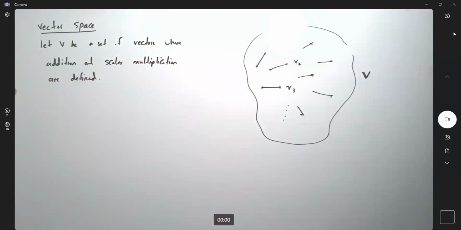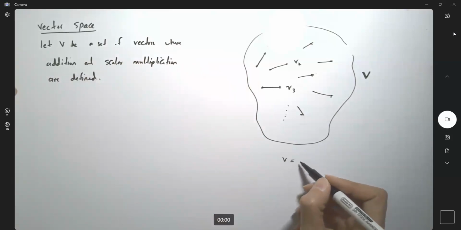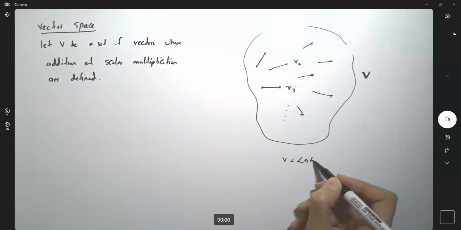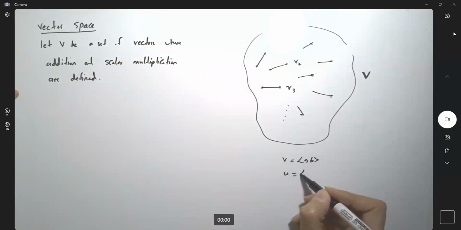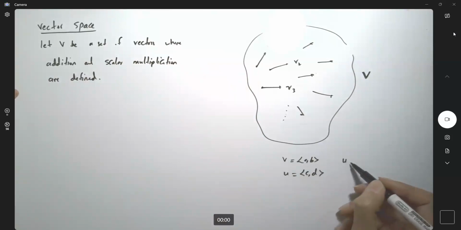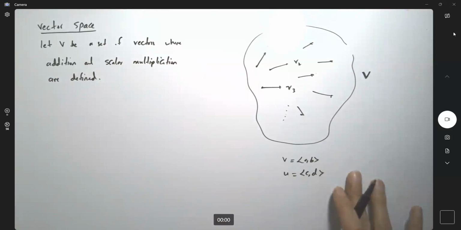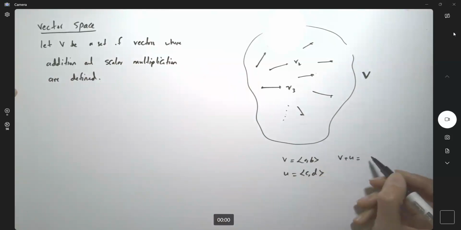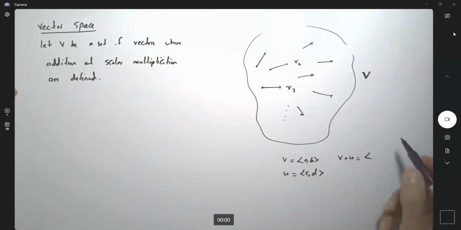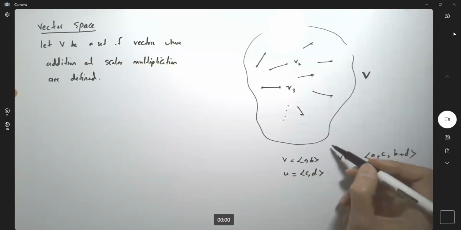So remember addition of vectors. If you have vector v, which is equal to, for example, a and b, and vector u, which is c and d, then u plus v or v plus u is equal to, you're adding the first components and then you're adding the second components. So this is vector addition.